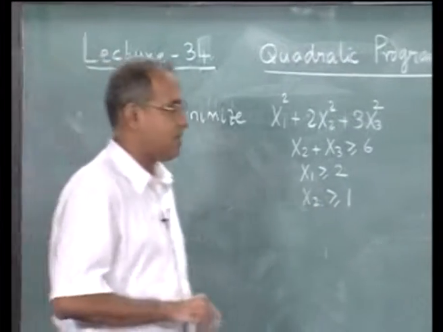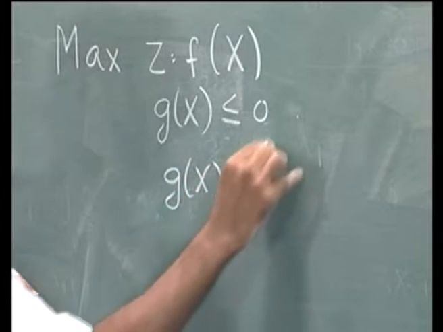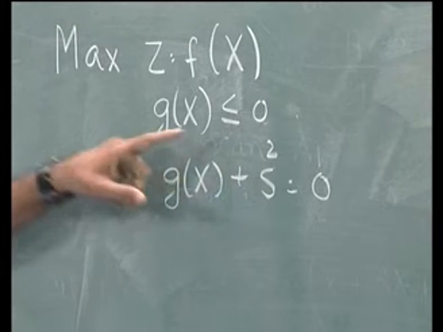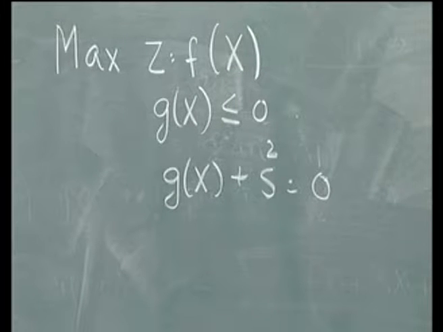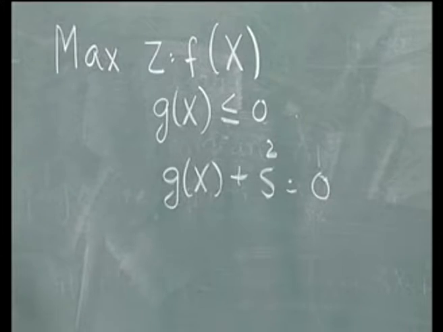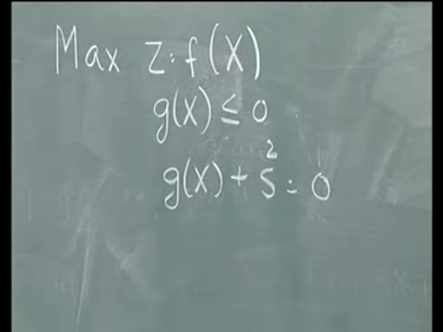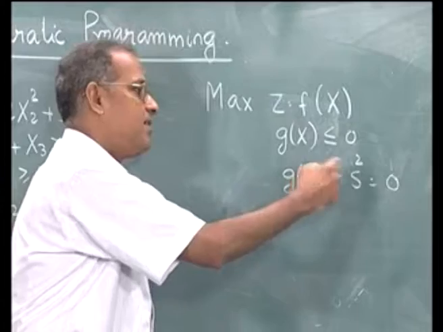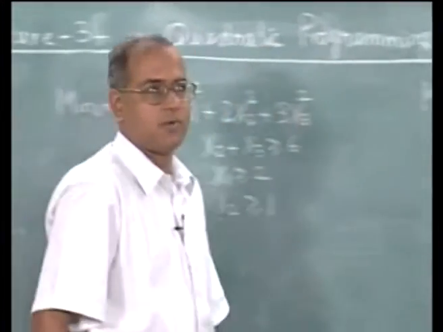So, what we normally do is convert this as g of x plus s square equal to 0, where we introduce a variable s associated with every constraint, and that s can be negative or positive. Since this is less than or equal to 0, we would write g of x plus s square is equal to 0. So, this quantity is less than or equal to 0, whether s is positive or negative, s square will always be positive. So, you get g of x plus s square equal to 0.